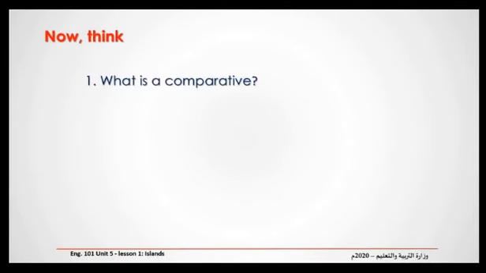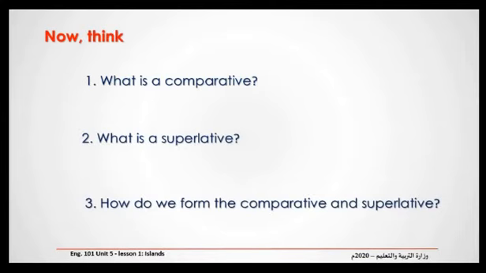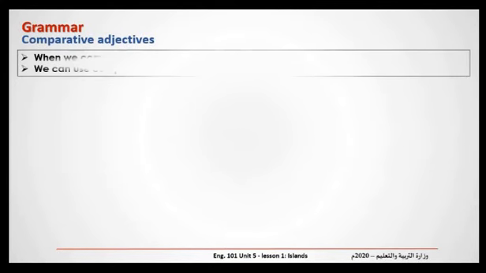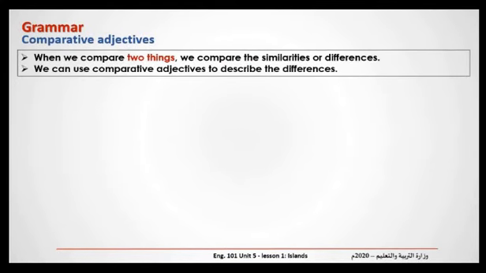Now, what is a comparative and what is a superlative? And how do we form the comparative and superlative? First, let's look at comparative adjectives. When we compare two things, we compare the similarities or differences.